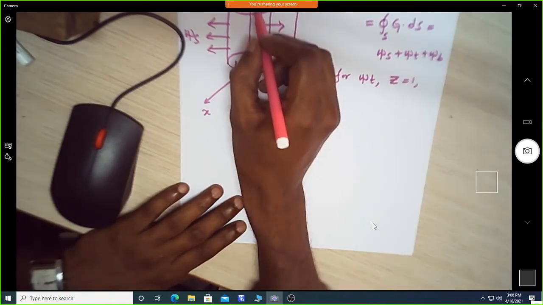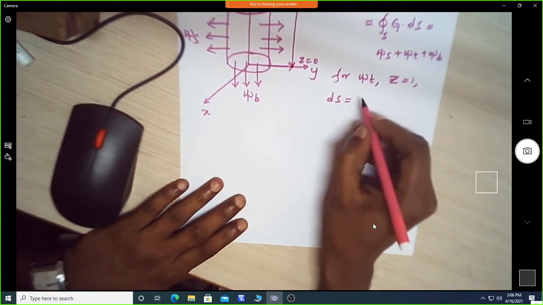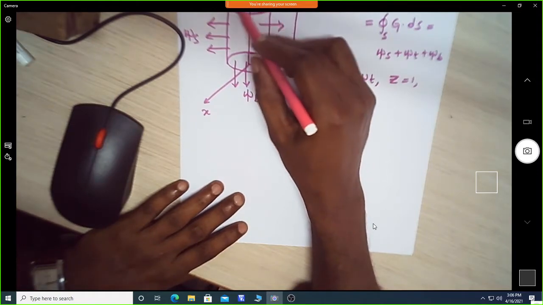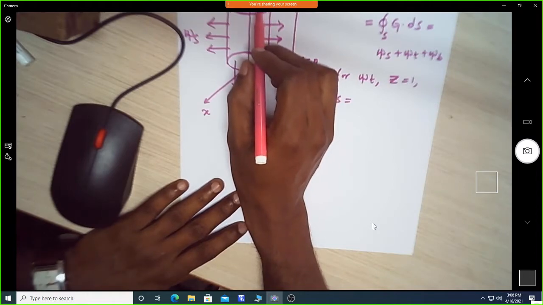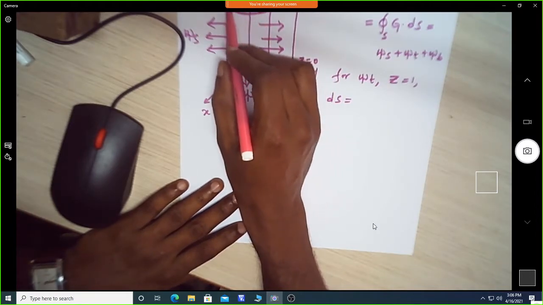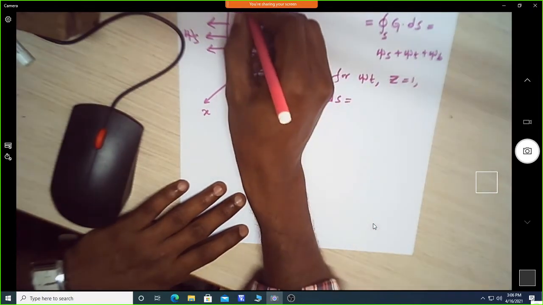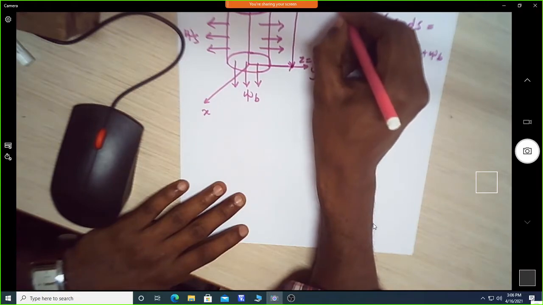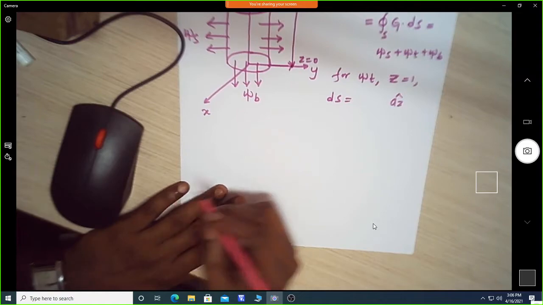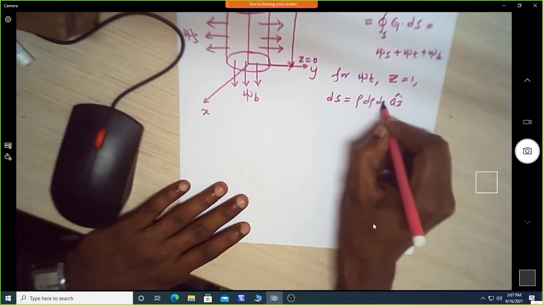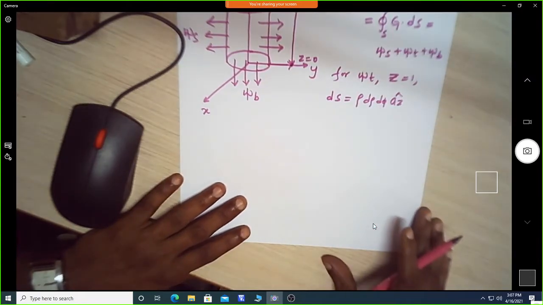And what is the differential surface ds for the top flux coming out of this surface? Can anybody tell, in which direction is it? It is in the direction of a_z, is it not? So what is the differential surface? It is rho d rho d phi, the variation in the rho direction and the variation in the phi direction.